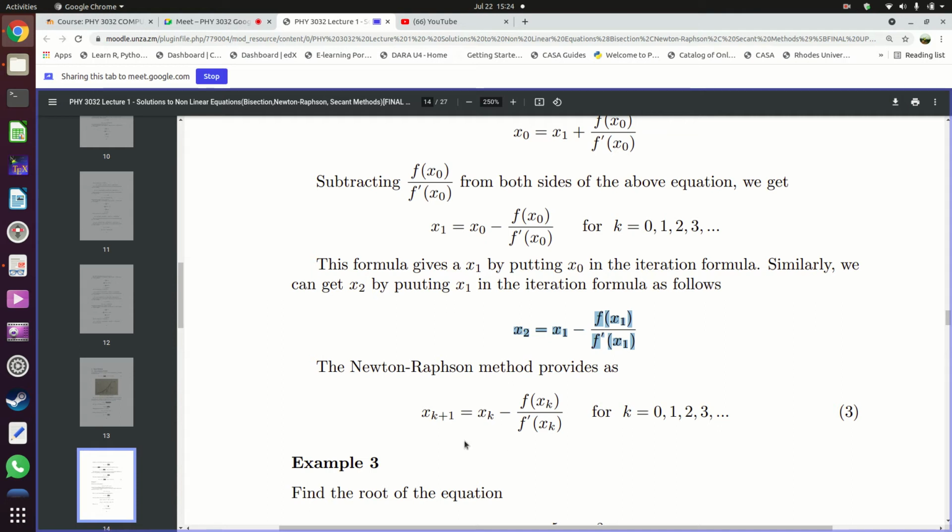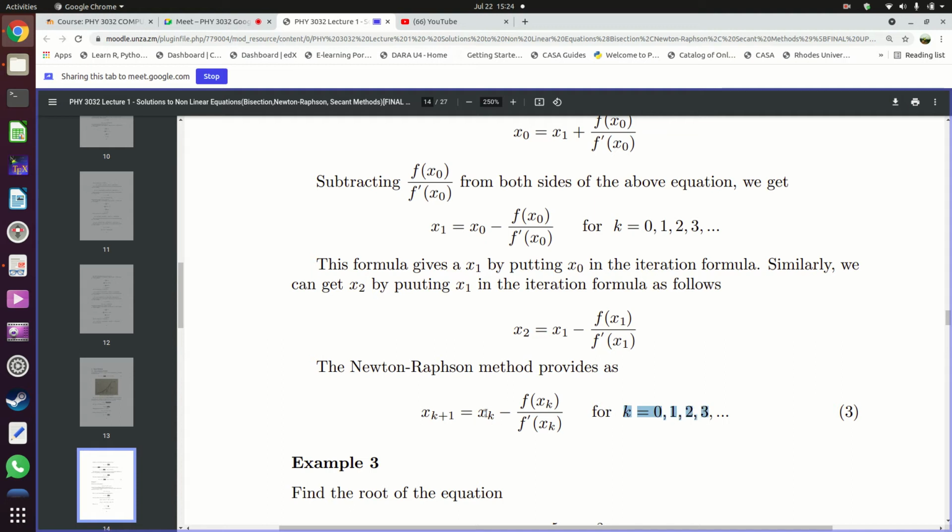So this whole thing which you have here can be rewritten in terms of subscripts k, which is just the number of times you've done something. So you write it for you to find xk plus 1 based on xk, which is your guess value, and your k's start from 0, 1, 2, 3.